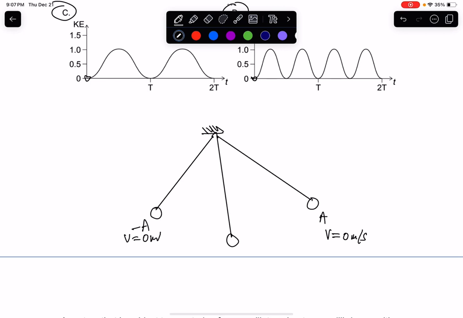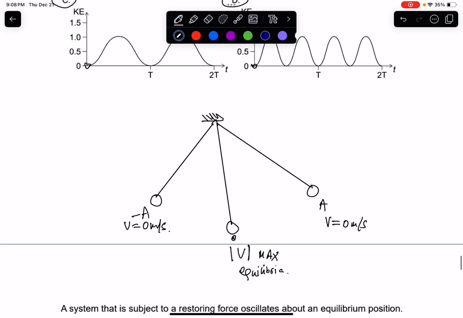The absolute value of the velocity is maximum at the equilibrium position. We have done this in a lot of questions before. If you have any doubts, you can look at the videos where we have done this in depth.